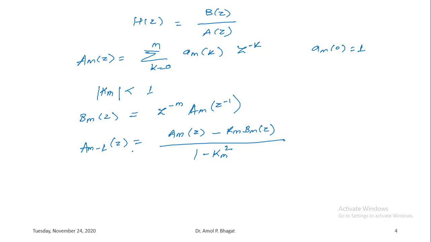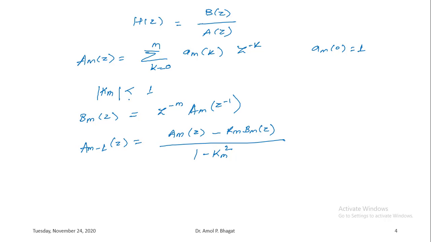So you will get Am minus 1 of z. Again, from Am minus 1 of z you will get the coefficient Km minus 1. If mod Km minus 1 is less than 1, then you will identify Bm minus 1 of z. Again, from Bm minus 1 of z and Am minus 1 of z, you can identify Am minus 2 of z. So this is a recursive process.